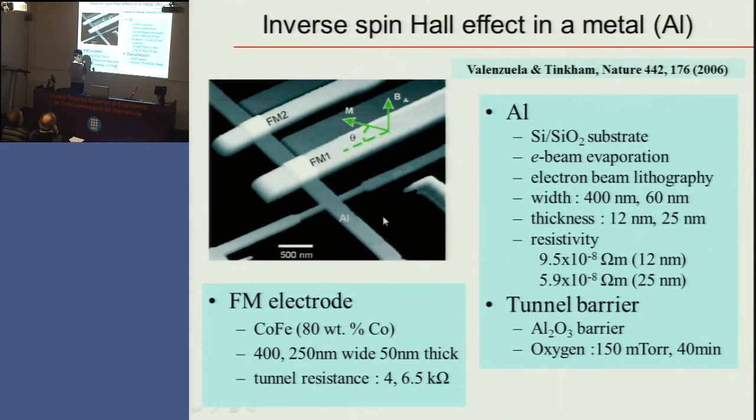So spins are injected from this ferromagnet, and they measure the transverse voltage between these two terminals. In such a way they can observe the inverse spin Hall effect in aluminum.